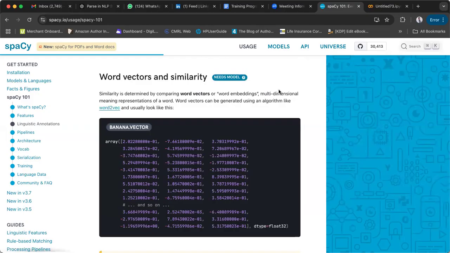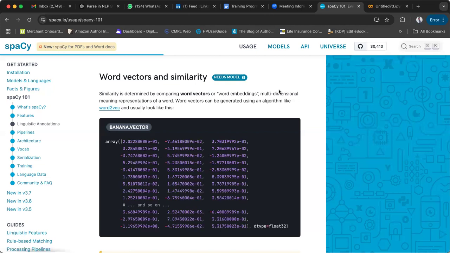Based on the vector, how it is getting formed, how it is getting classified or grouped, maybe numeric data or string data, whatever it is. In a similar way, there is something called word vectors, and it also tries to find similarity.